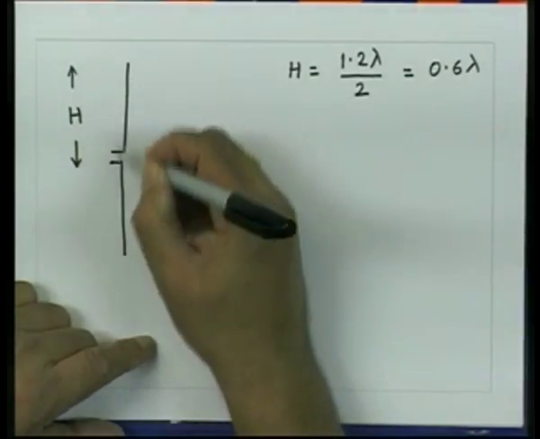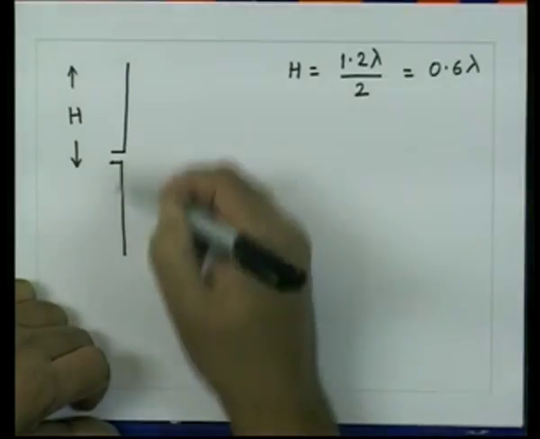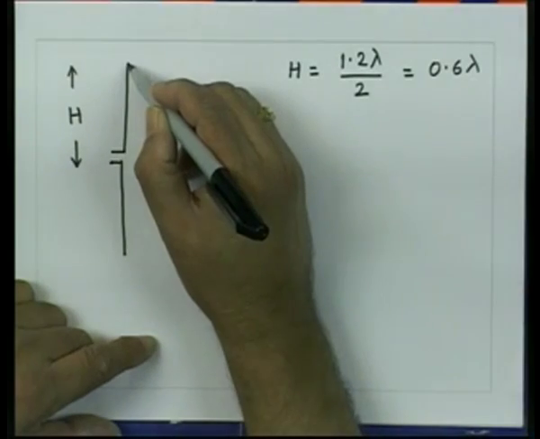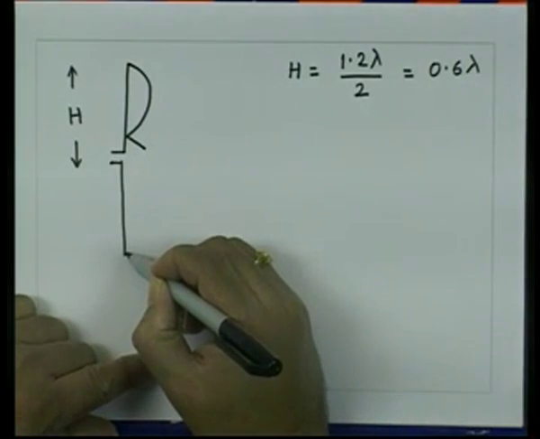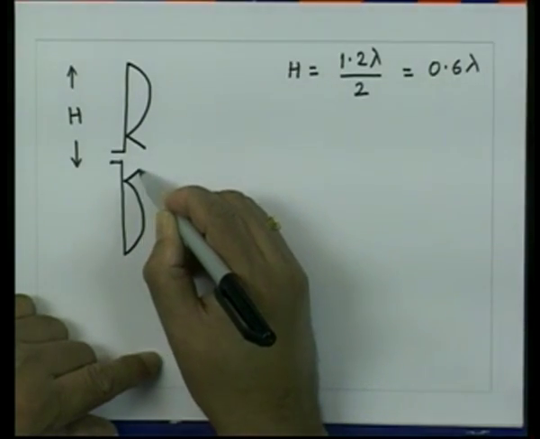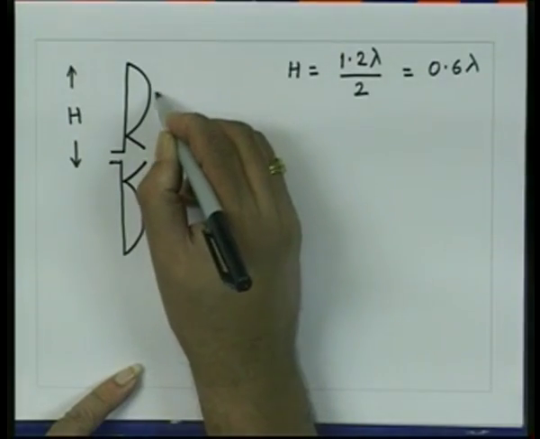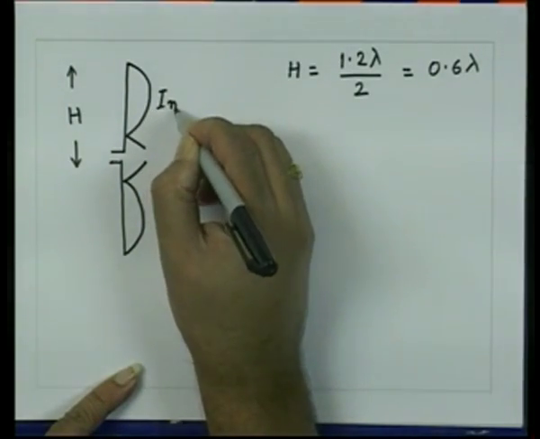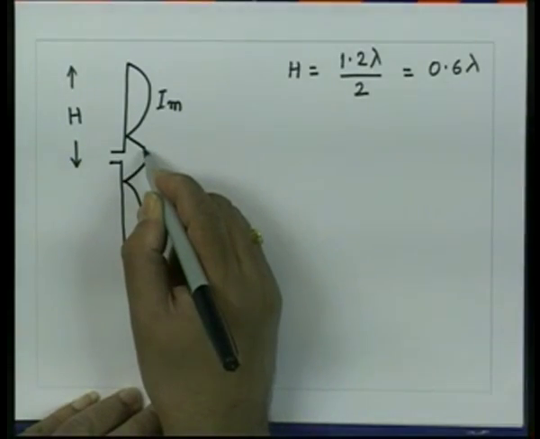So this length is a little more than lambda by 2, and we get a current distribution which will look like that. That is the maximum current which we are going to see, Im, and this will be the input current which corresponds to this value.